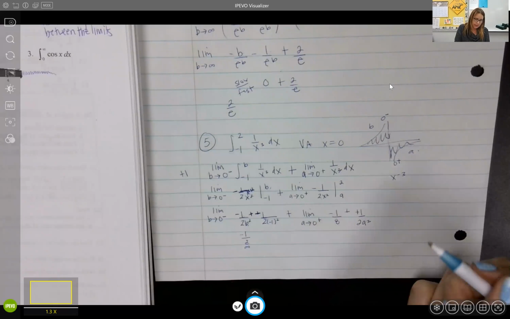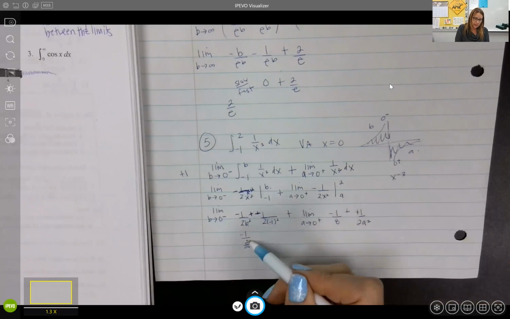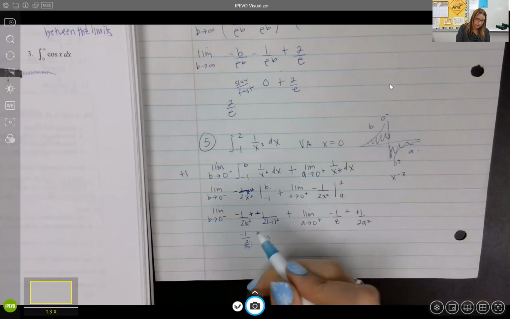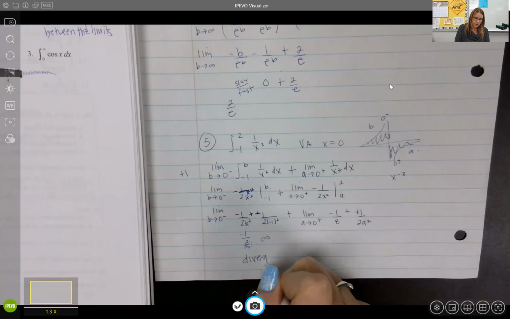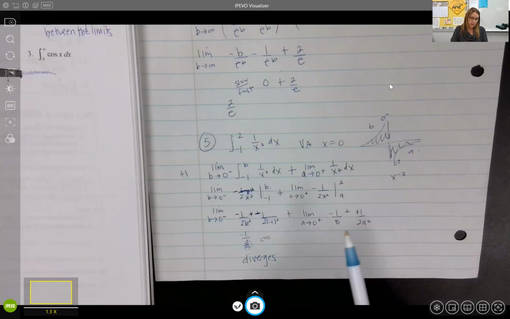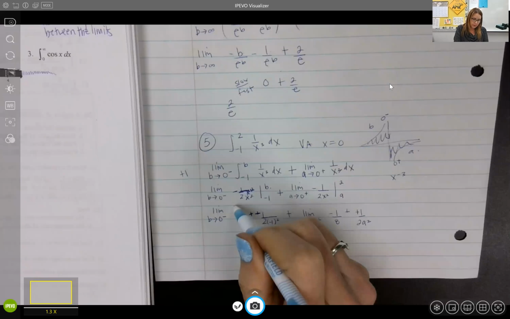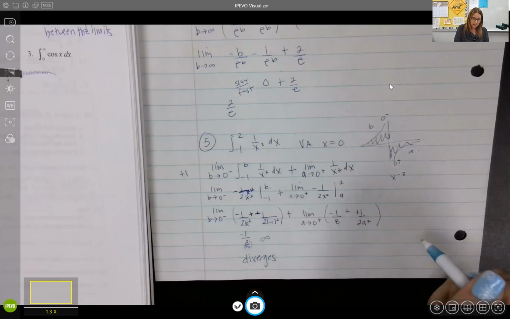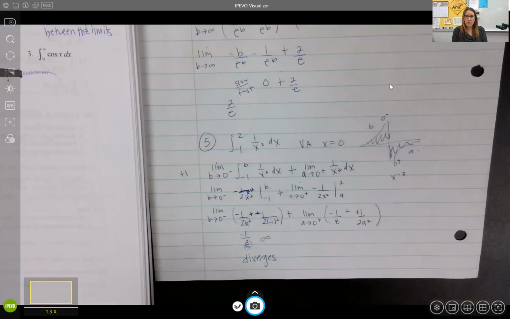So if I look at this, 2 over infinity is just infinity. And this whole thing diverges. So I can't have one of these diverge and one of these not diverge and then come up with a number and say, well, I can add these parts. You have to be able to find a number for this and a number for this. If you can't, then it's going to diverge, and there's no way to find that area.